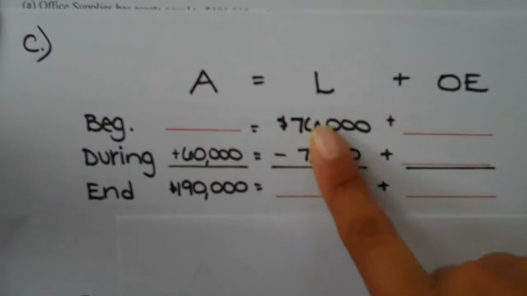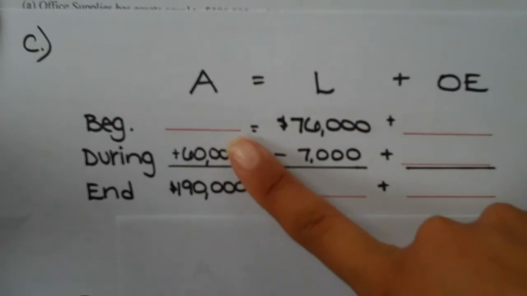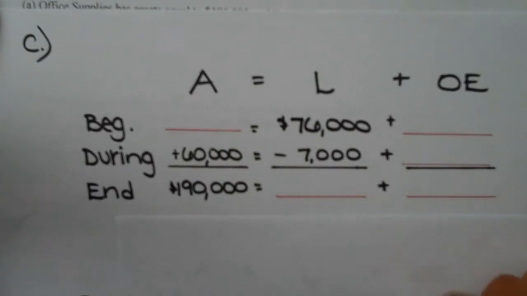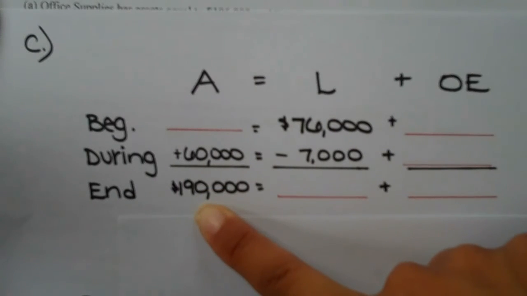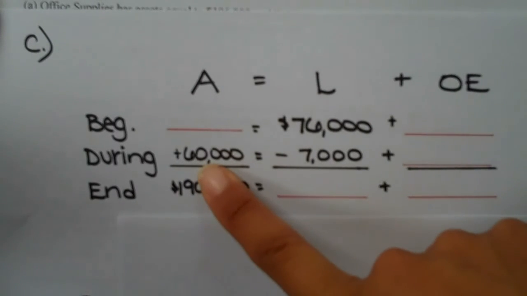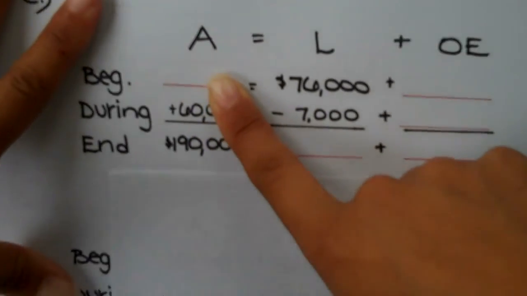But because we know the relationship of the accounting equation, we're going to be able to solve for all these missing items. So for example, to solve for your beginning balance of assets, if you know your ending balance was $190,000, you'll subtract the $60,000 increase to get your beginning balance.